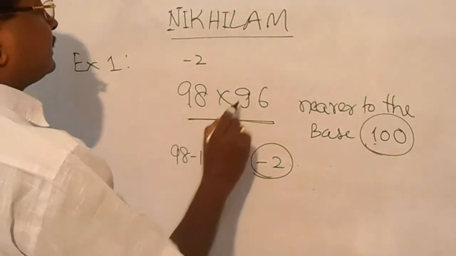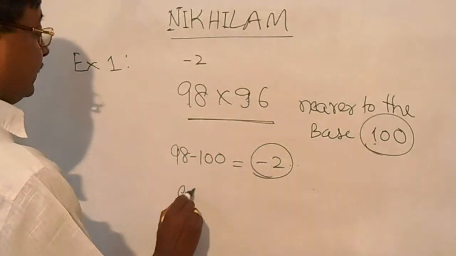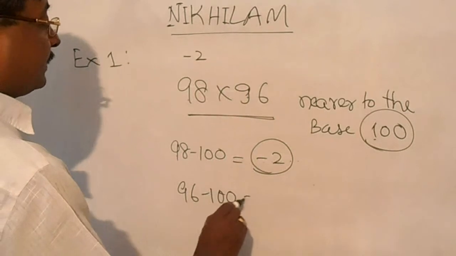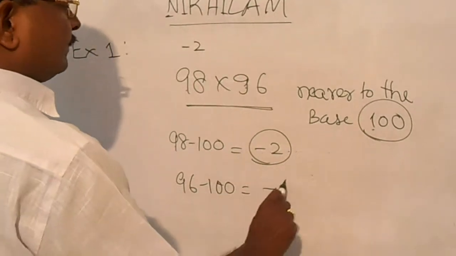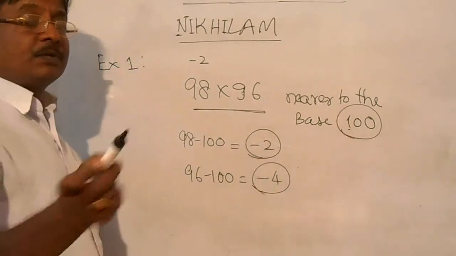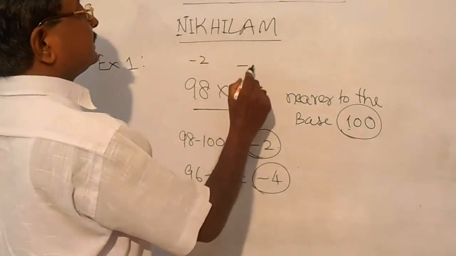Next, 96 minus 100 is minus 4. I should write this minus 4 on top of 96.